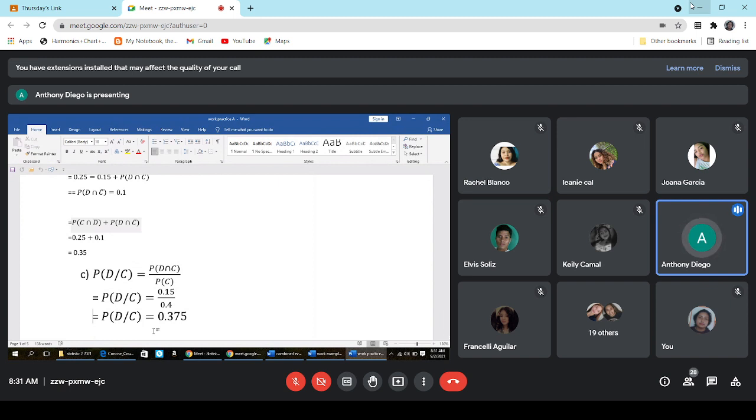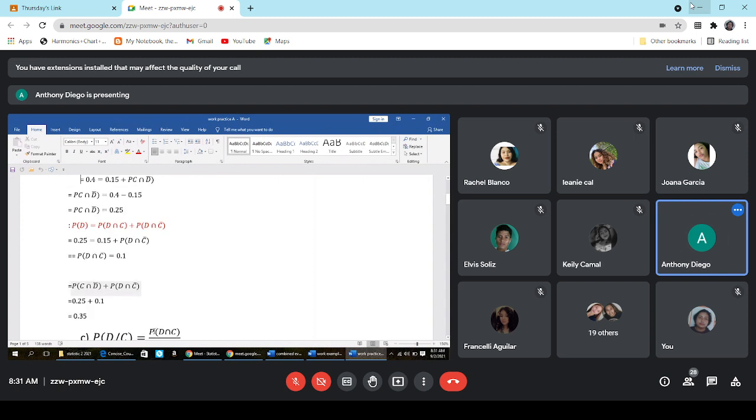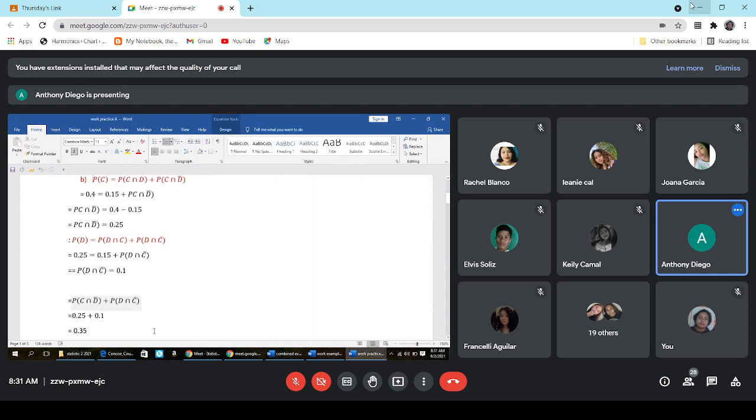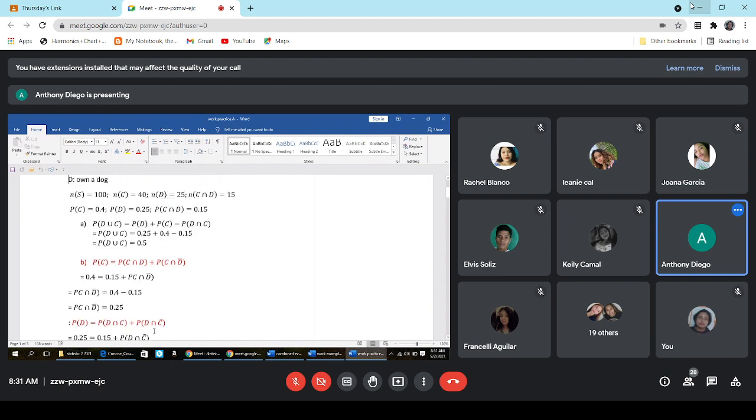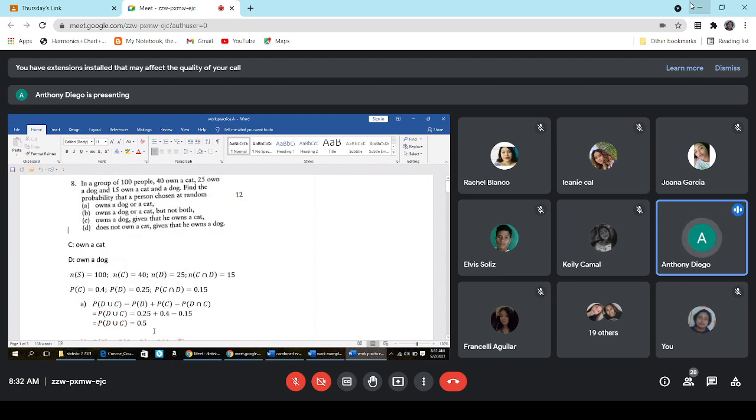Then looking here, part B, does not own a cat, given that he owns a dog.